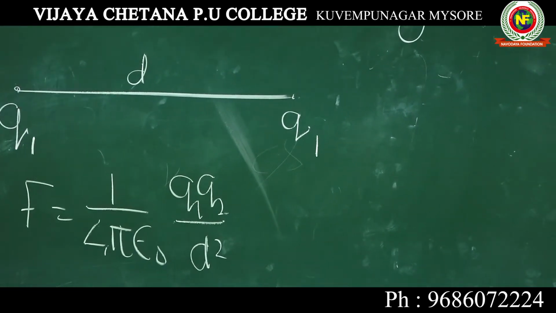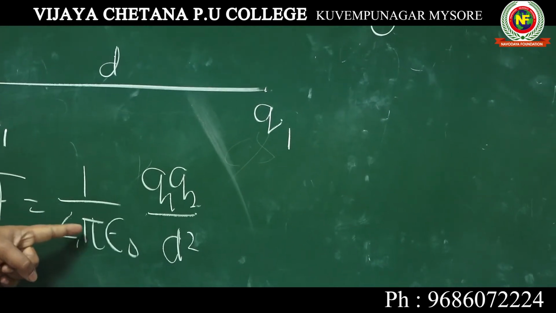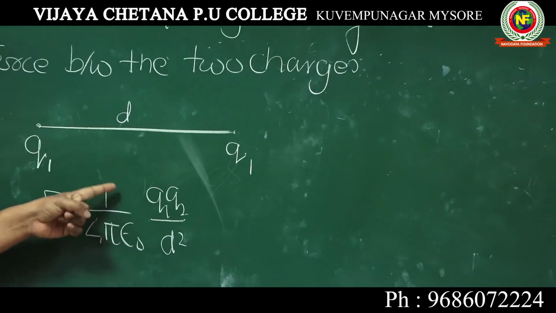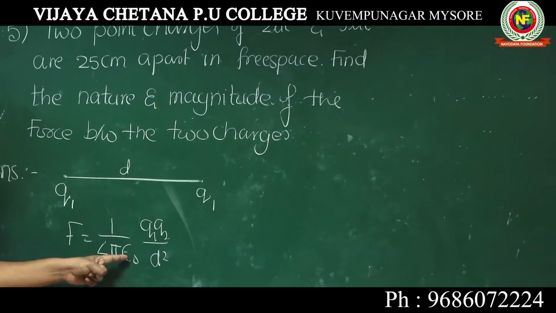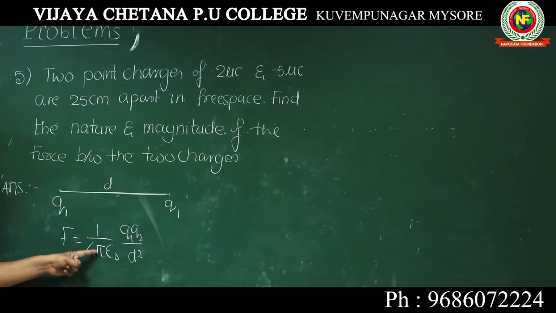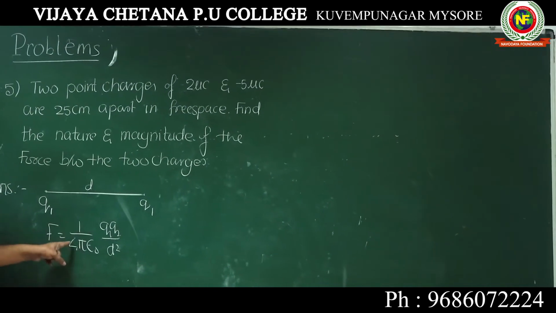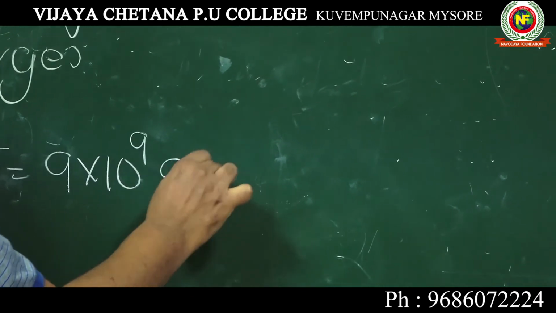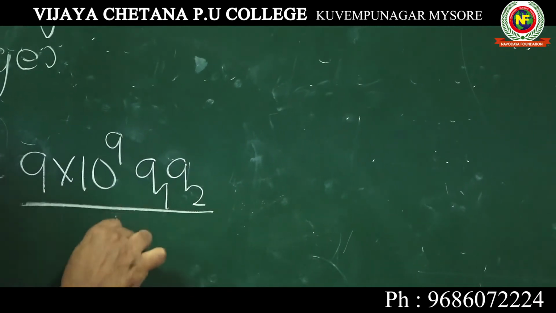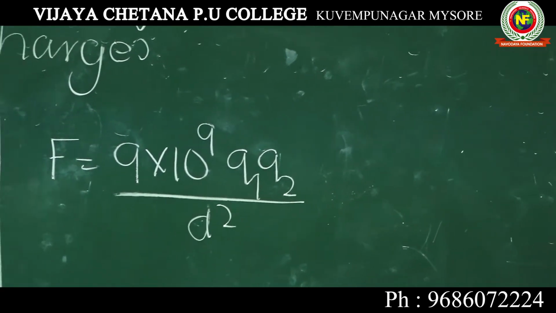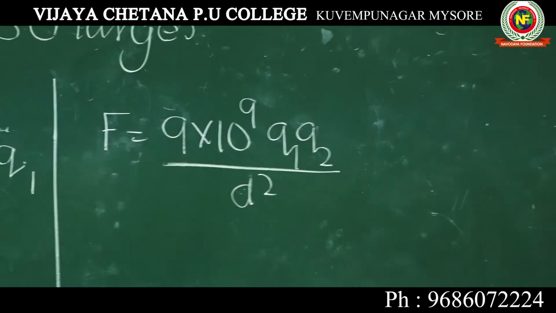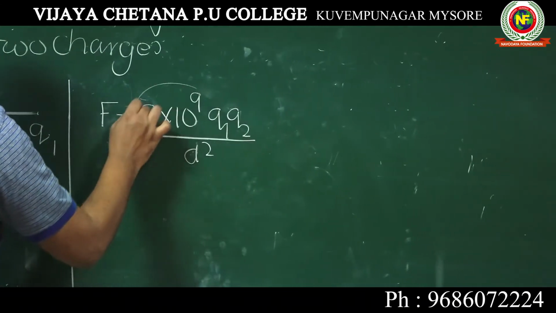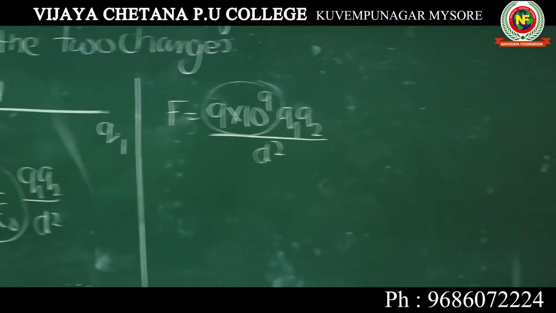Remember, 1 is a constant, 4 pi constant, epsilon naught constant. This whole term is a constant. If you put the epsilon naught value and pi value here, this ratio is 9 into 10 to the power of 9 q1 q2 divided by d square. Understandable? These two constants I have replaced by 9 into 10 to the power of 9.